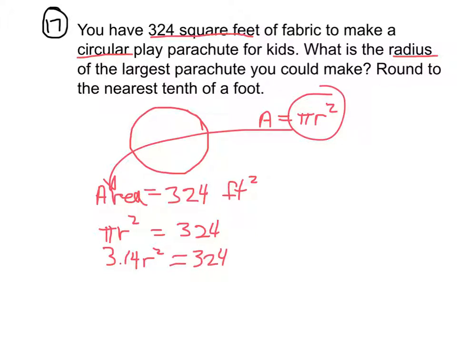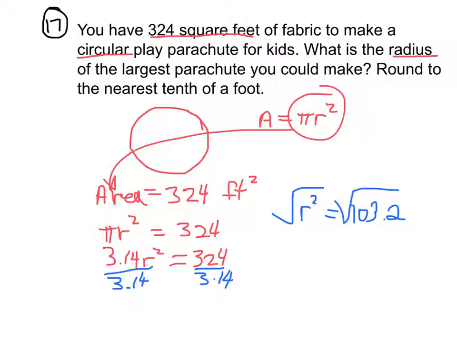To get the r squared alone, we will divide both sides by 3.14, and get r squared equals 103.2. Now solving this equation, we're going to square root both sides.